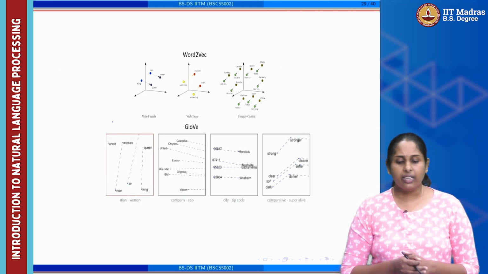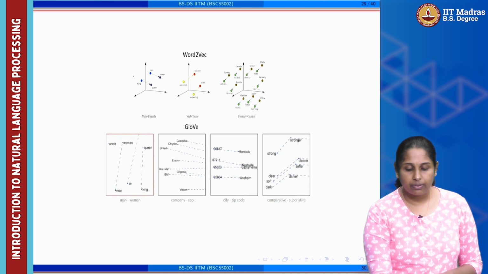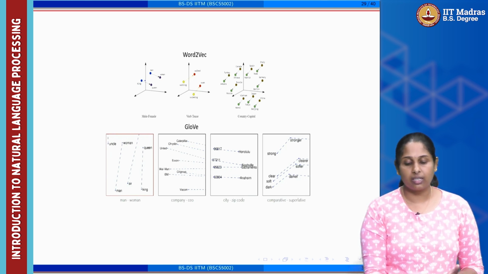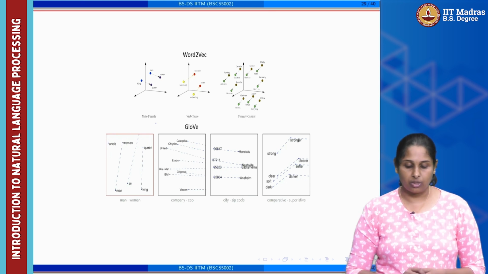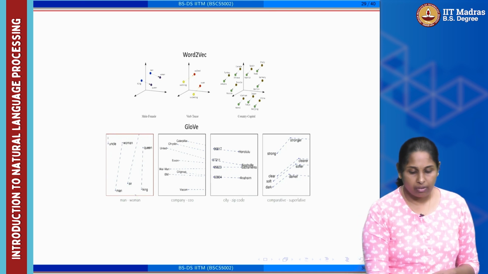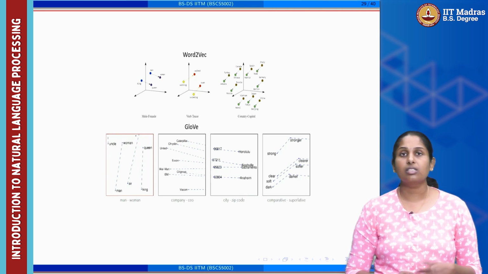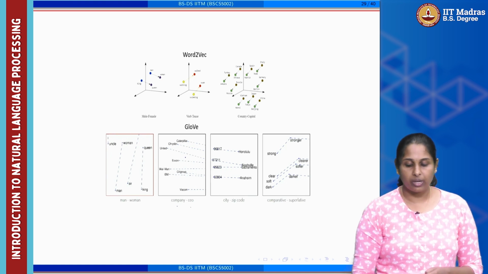So, in the context of word2vec, as you see in the picture, there is a kind of word vector representation that predicts what would be the word for each of the representations. In the GloVe representation, as you could see, man and woman are also being identified. Even the long-term dependencies are also being identified. Let's say company and its CEO can also be identified.